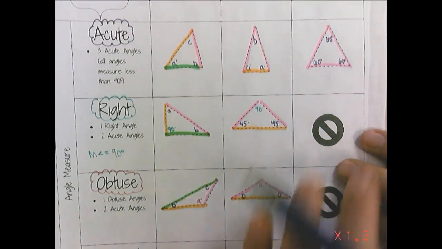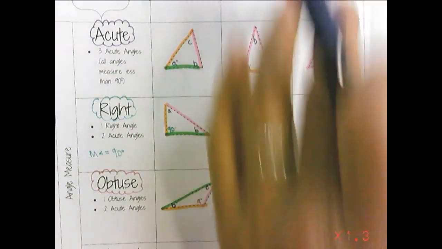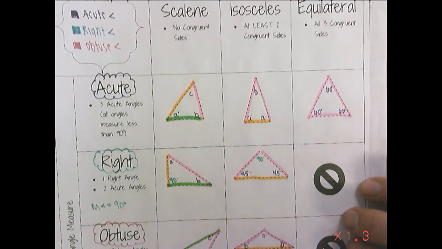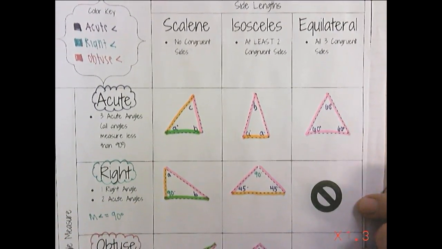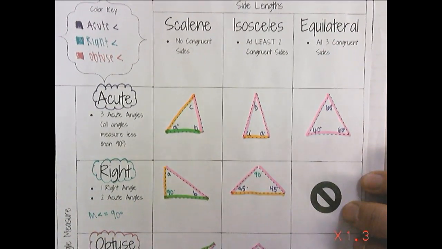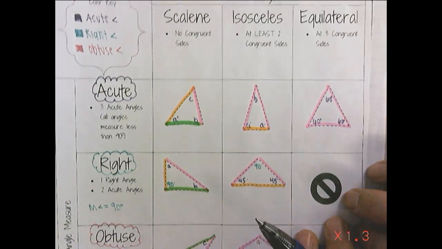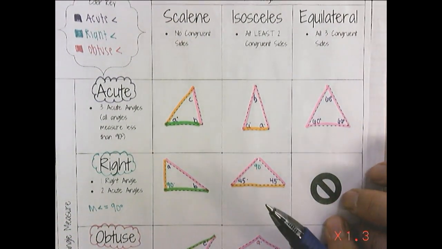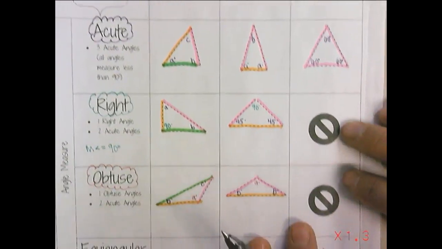You cannot have a right equiangular triangle. No right equiangular. That won't happen because if one angle is 90, they all three can't be 90, for equilateral, because that would be more than 180 degrees, which is more than a triangle is.